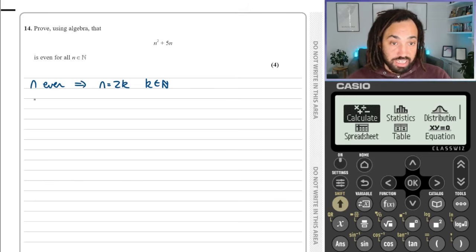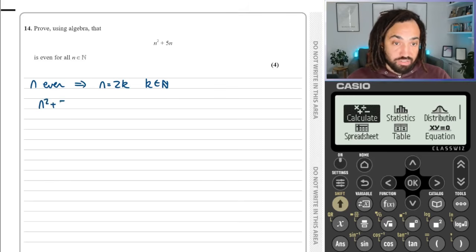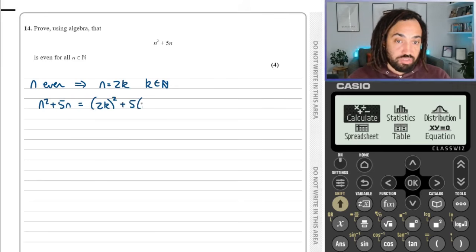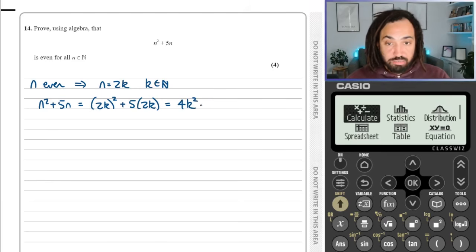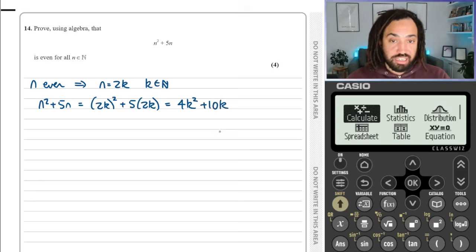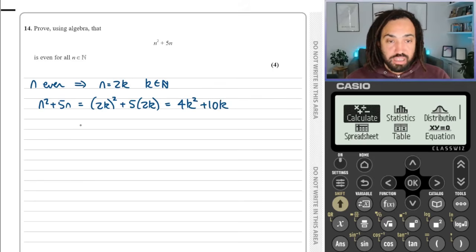Okay, so if that was the case, then n squared plus 5n would equal 2k squared plus 5 lots of 2k, which is equal to, well, 2k all squared is 4k squared, because 2k times 2k is 4k squared, plus 10k, and we could write that each of these have a factor of 2.